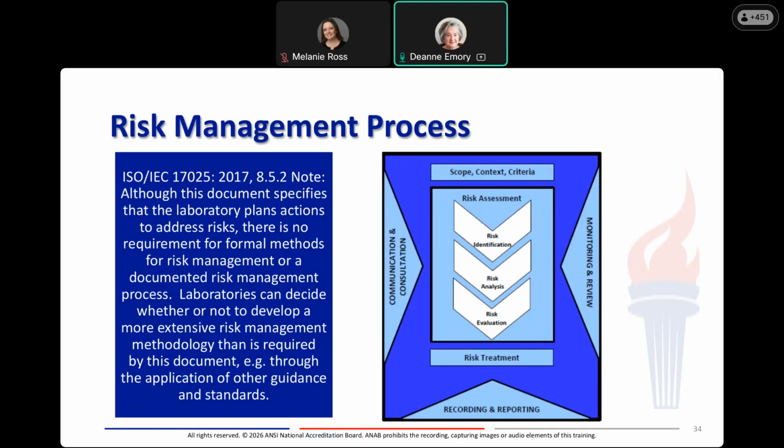It states, although this document specifies that the laboratory plans actions to address risks, there is no requirement for formal methods of risk management or documented risk management process. Laboratories can decide whether or not to develop a more extensive risk management methodology than is required by this document. For example, through the application of other guidelines and standards.